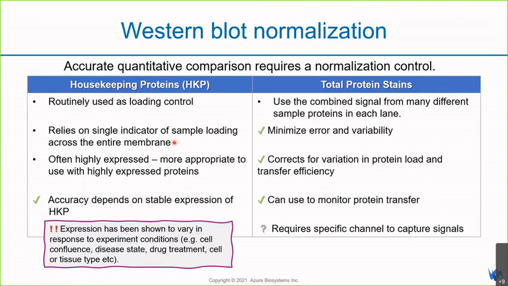That's why total protein stains minimize the error and variability, reducing the risk of having perhaps not so accurate quantitation in your control groups, which might not be noticeable right now, but it will be very obvious in the future, especially if you try to replicate your result in, let's say, a different lab or a different setting.